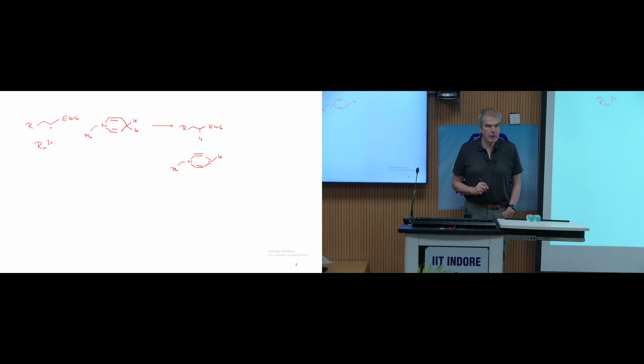And if this acts as a hydrogen donor, then we get the product. That's good. We still have only the ruthenium 3, but we are getting this type of radical. And this type of radical really would like to get oxidized.